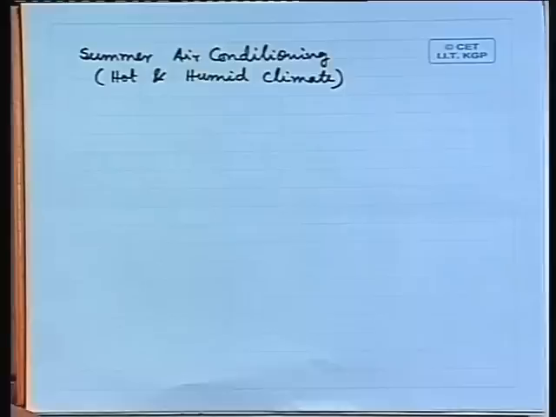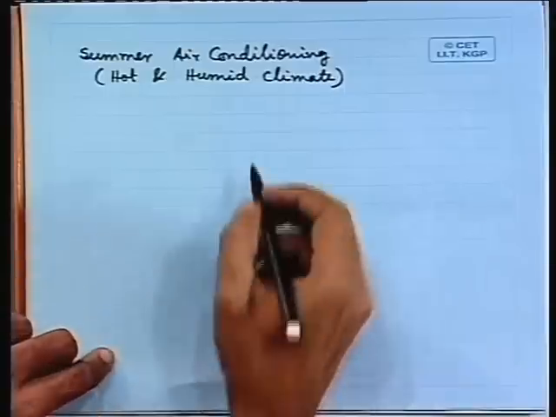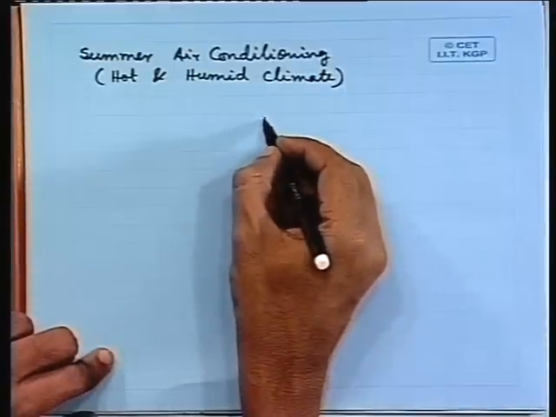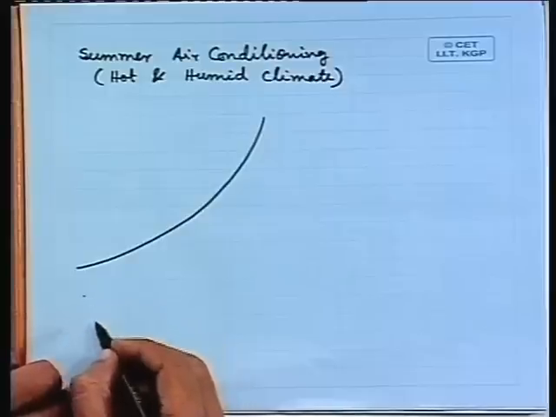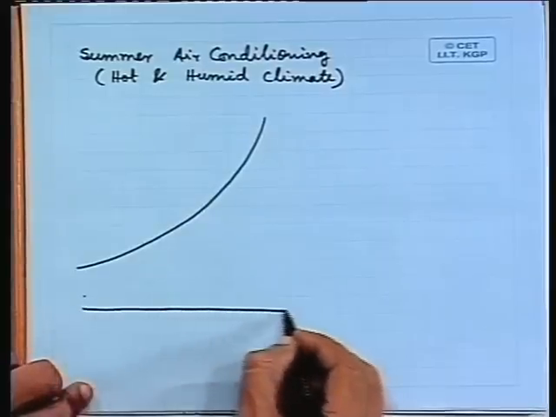So, basically then we should have a vapor compression refrigeration system. The evaporator of it will be used as the cooling and dehumidifying coil. Let us see how one can achieve summer air conditioning for hot and humid climate.